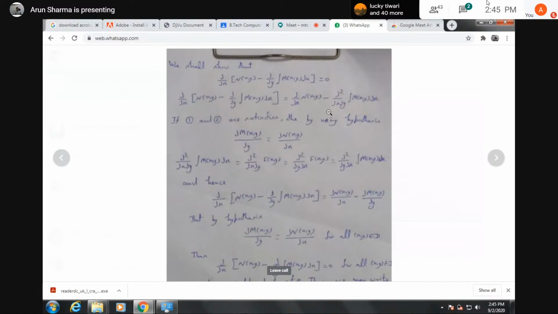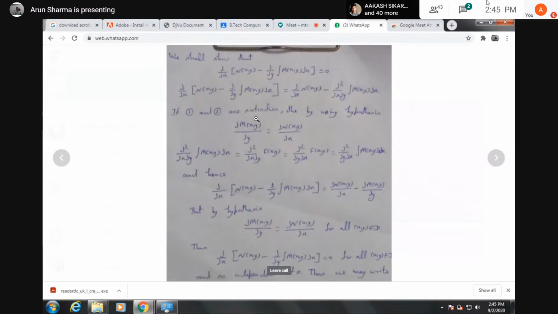If 1 and 2 are satisfied, then by using the hypothesis ∂M/∂y equals ∂N/∂x, I can write this ∂²/∂x∂y of the integration of M(x,y) equals ∂²/∂x∂y of f(x,y), equals ∂²/∂y∂x of f(x,y), equals ∂²/∂y∂x of the integration of M(x,y) dx. You recall equation 1 and 2 from the last slide.